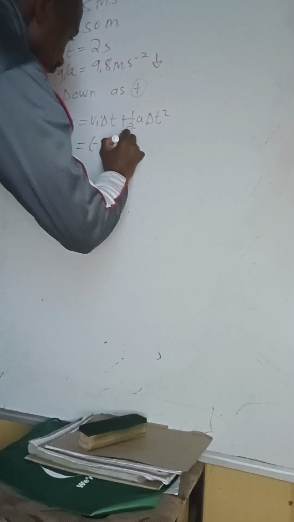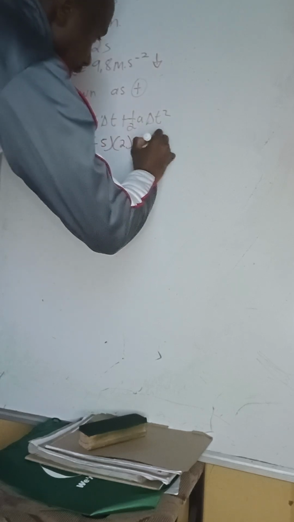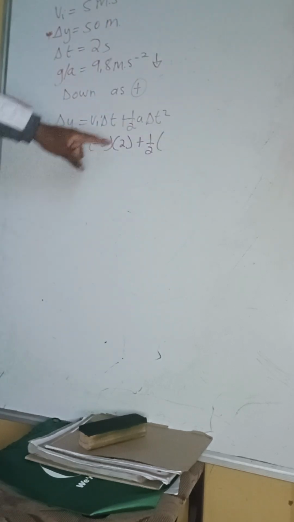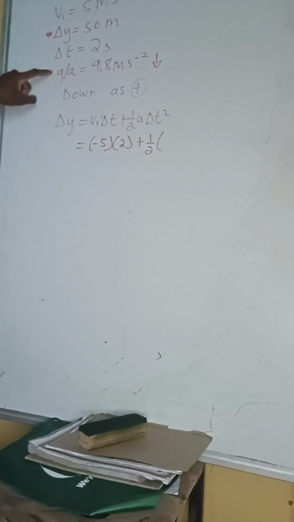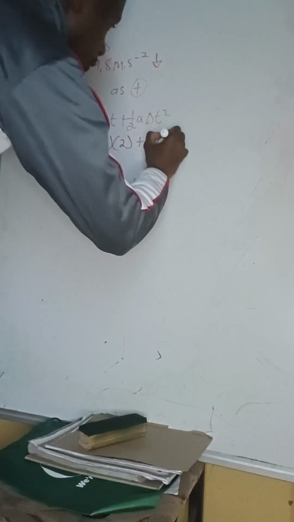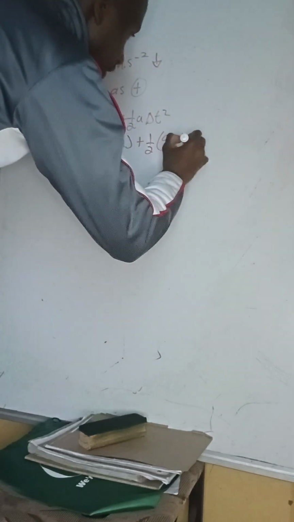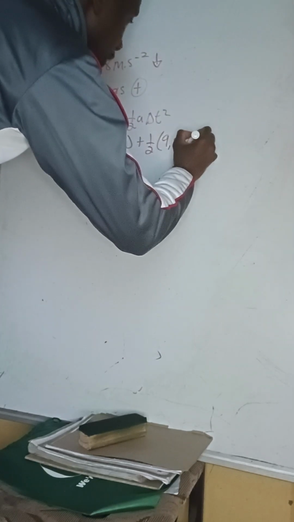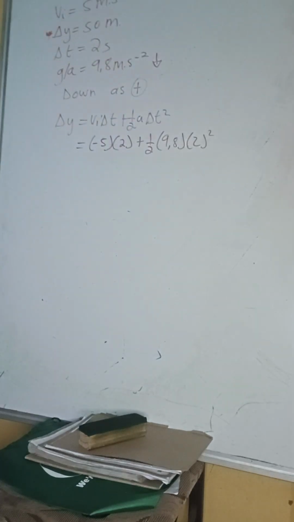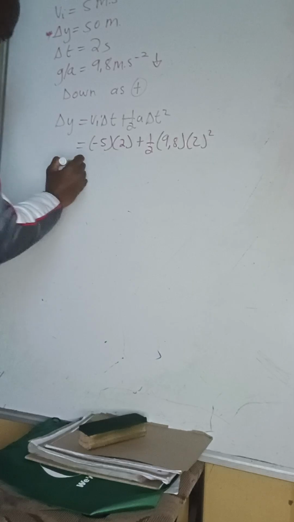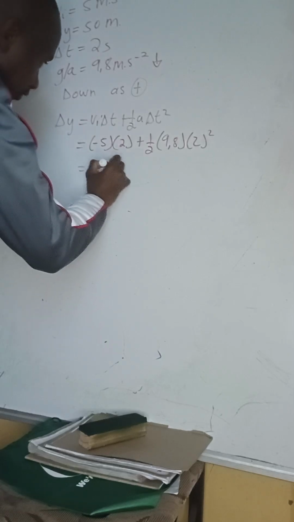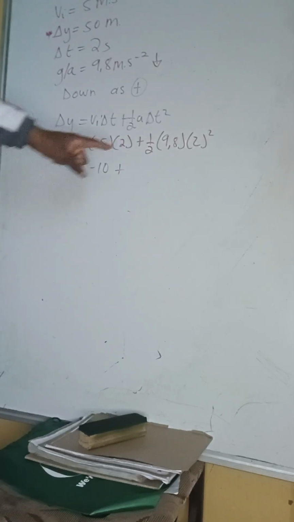By our 2 seconds, which is time, plus half into our acceleration, which is our force of gravity. It is going to be 9.8, and then into time, which is 2 squared. So now these two, when you multiply, they will give you negative 10 plus, let us put this in our calculator first and check how much we get.